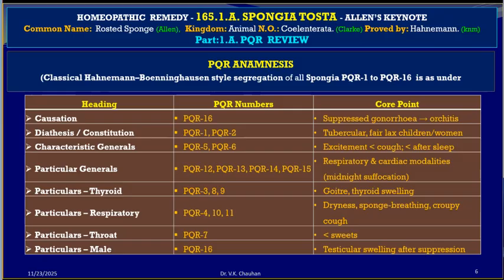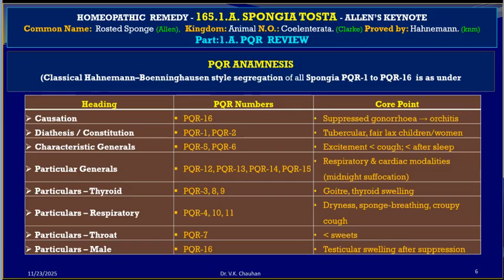And the causation is suppressed gonorrhea, which leads to orchitis or maltreated orchitis. If you talk about the diathesis, then you will find diathesis PQR1 tells us about tubercular diathesis. And if you talk about the constitution, you will come to PQR2, which tells us about the fair, lax, female and children as the clients for Spongia tosta.